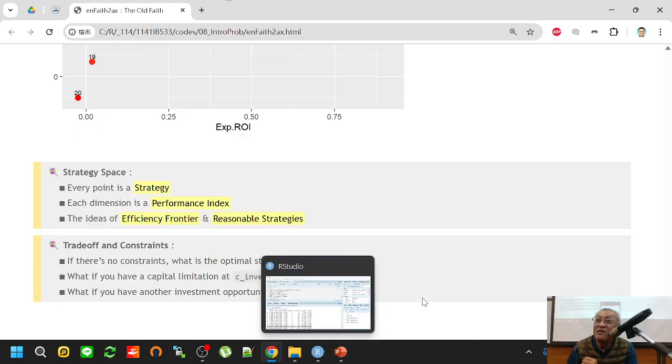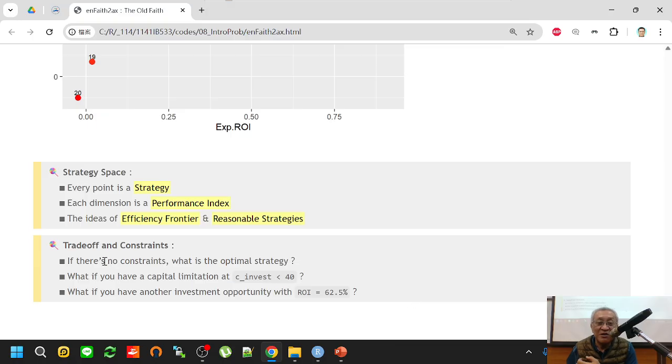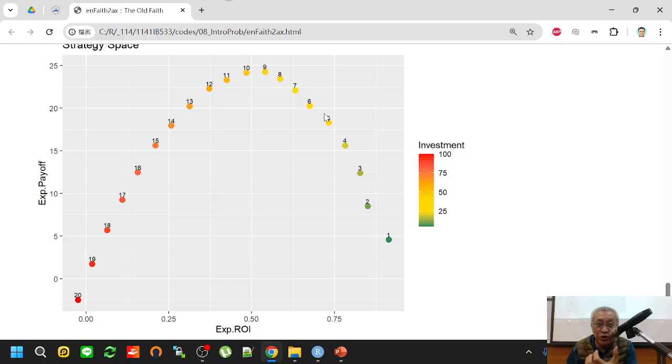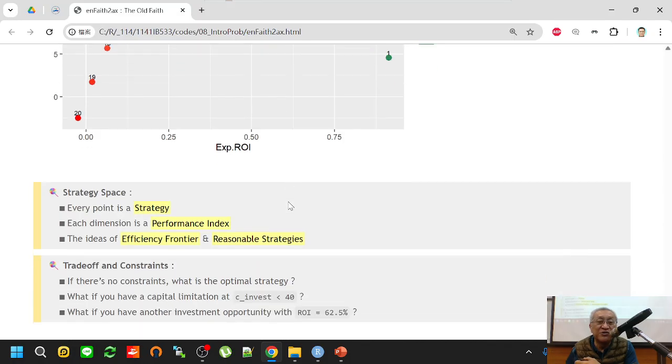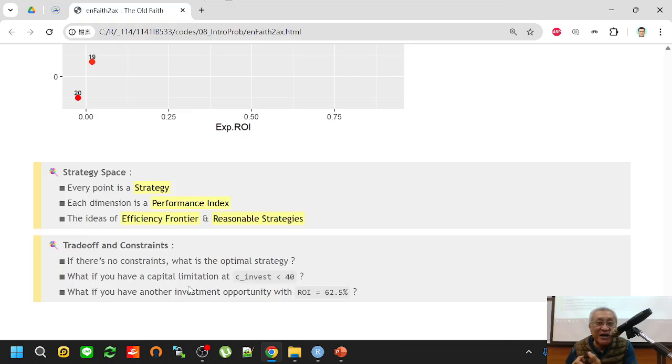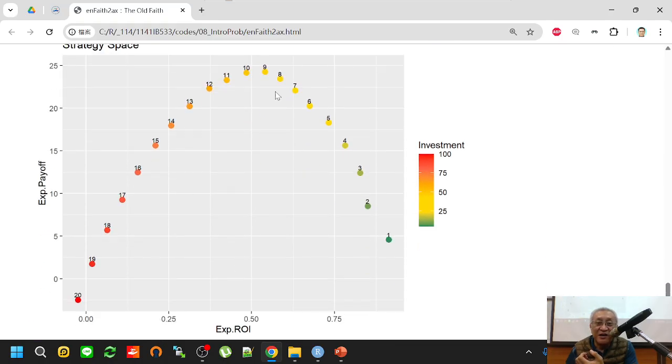In that case, you can use this strategy space as a communication tool to discuss the constraint and how you make the trade-off, how to make an optimal decision that fits into the constraint and into your best company interest.